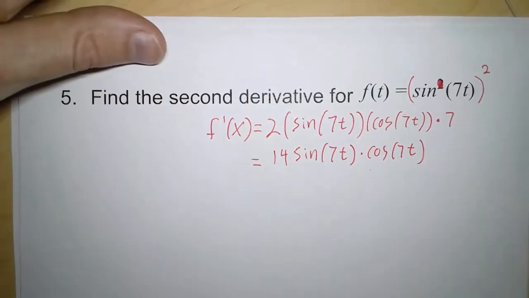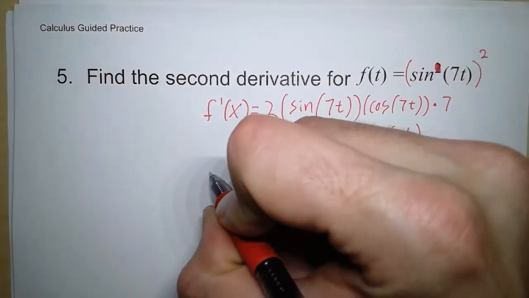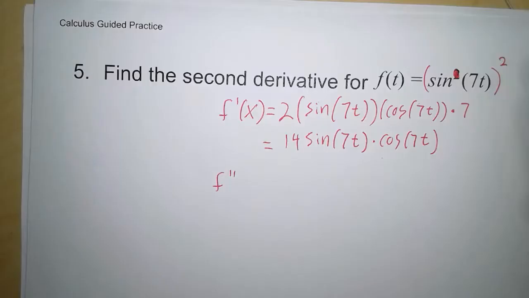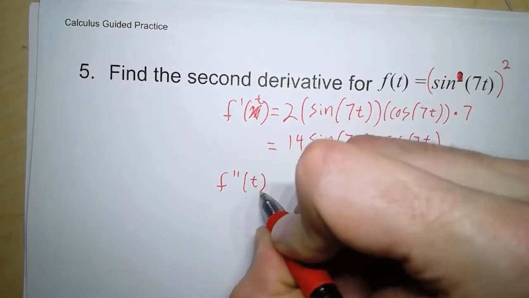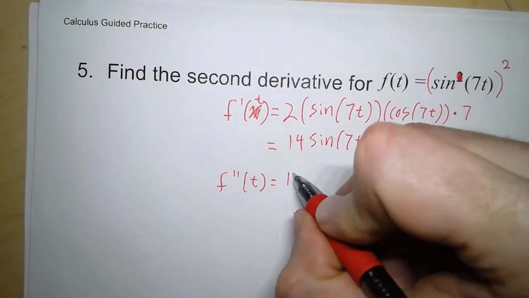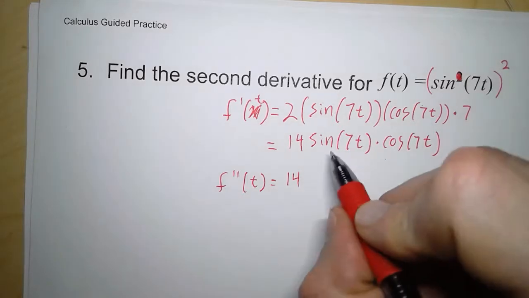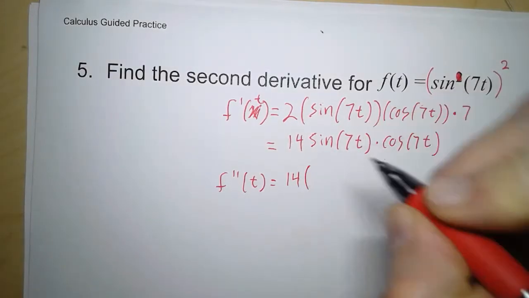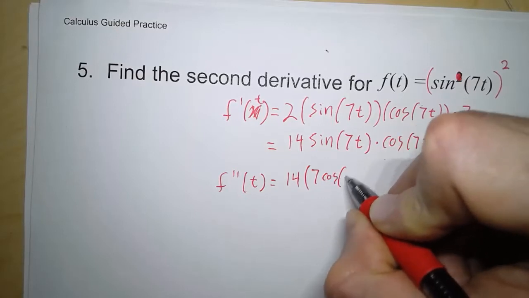Now to find our second derivative, we're going to have to employ some product rule. So f double prime, and that should not be x, that should be t, my mistake. Now 14 is our constant, our coefficient, and that will just hold on. So sine of 7t, that derivative is going to be 7 cosine of 7t.